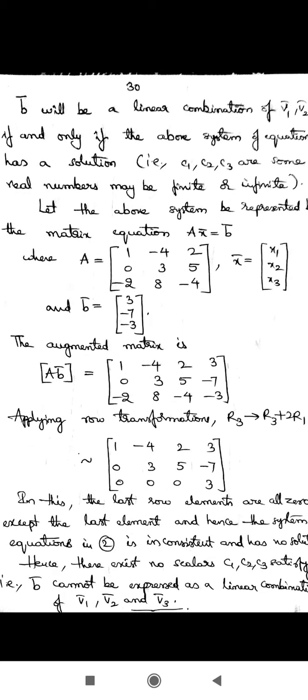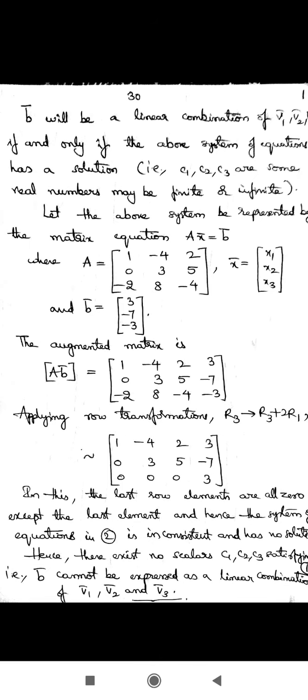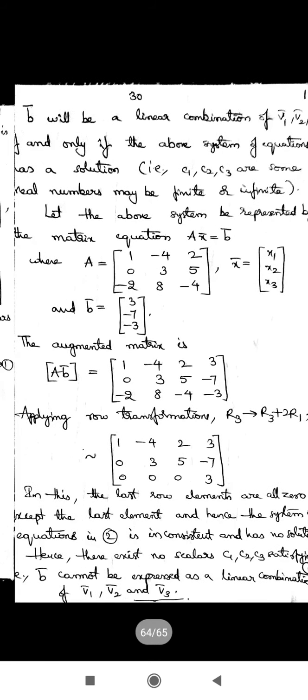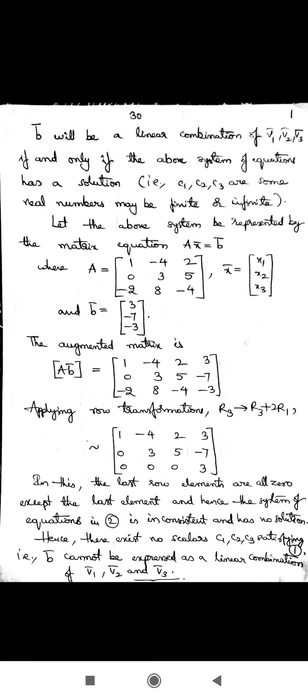By your previous knowledge, you can recall that when the last row in the augmented matrix is 3 zeros and a non-zero number, the system of equations will be inconsistent and has no solution at all. Hence the system of equations in 2 is inconsistent and has no solution.